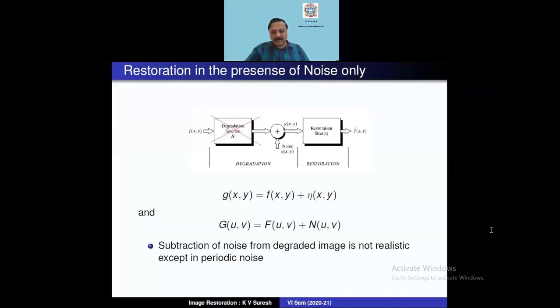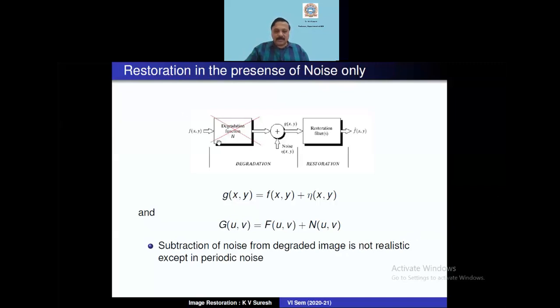When can I expect the output of a system to be the same as the input? What should be the impulse response or the point spread function? Yes, impulse. Somebody says delta function. Nitin says delta. Sindhu says impulse. Shivam says delta.